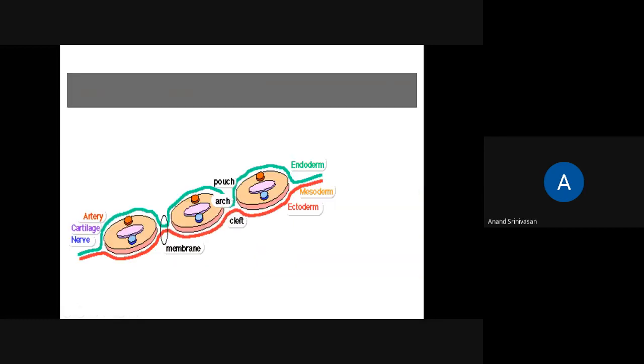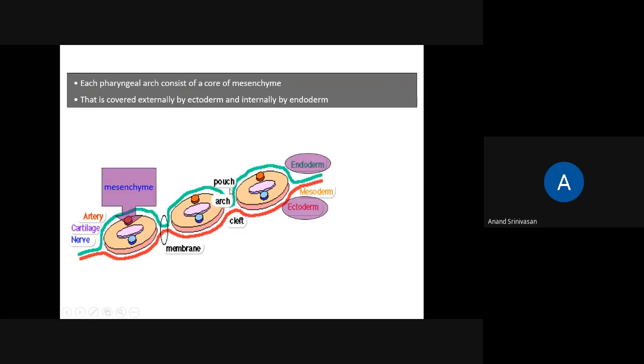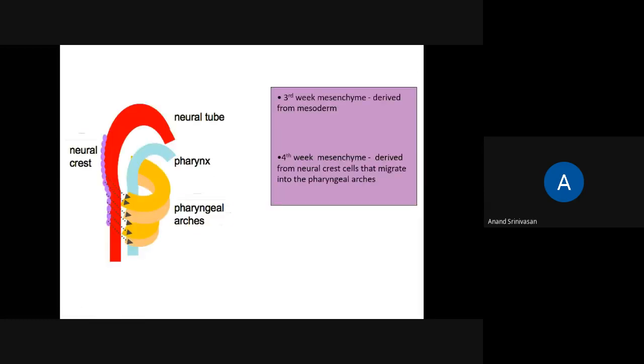In each pharyngeal arch there is mesoderm, a skeletal component, and an artery and a vein. From the outer aspect, this is the pharyngeal arch; from the inner aspect, this is the pharyngeal pouch, and this is the pharyngeal groove. The pharyngeal arches are derived mainly from the mesoderm.